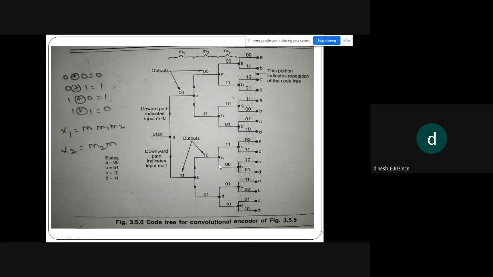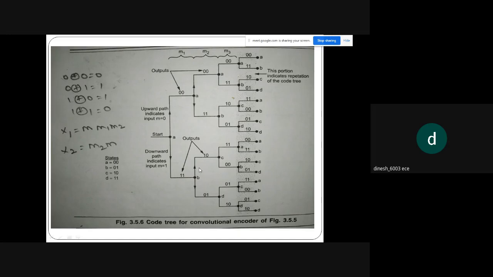So if I substitute 0, I get C. If I substitute 1, it goes to D. I should do it for 3 cases. Why? Because we have capital K equal to 3. So 3 shifts: 1, 2, 3 shifts. So here also 1, 2, 3 shifts.